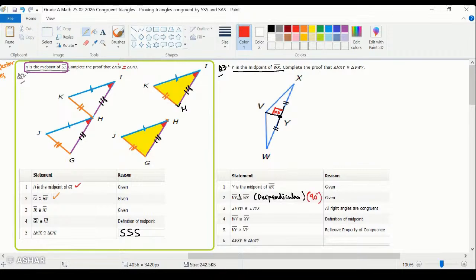Okay, the next says angle VWY equals angle VYX. Sorry, just a moment, please. I need to erase this. Okay.